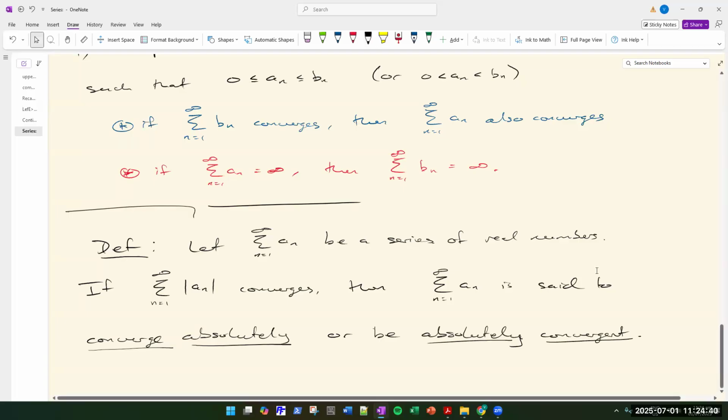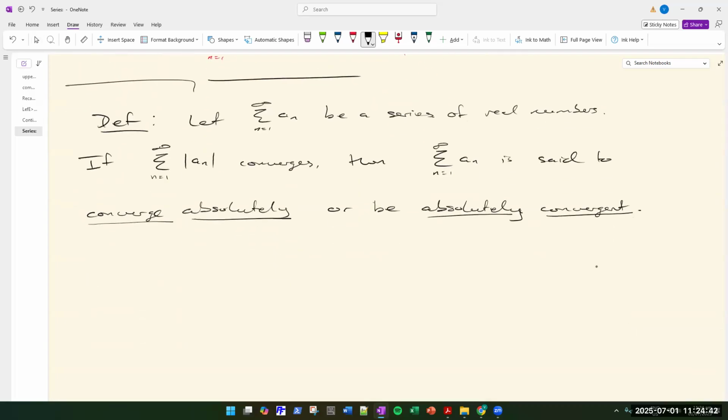Let me show you what this new series that I wrote down is. The original series is given by the summation of ANs. Now these ANs could be positive, negative, zero, it doesn't matter. These ANs could be any real number. So this is A1 plus A2 plus A3, and we keep going, plus AN, and we keep going.